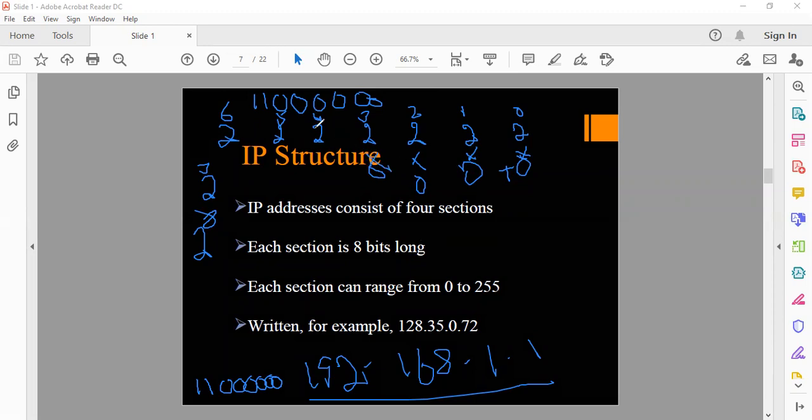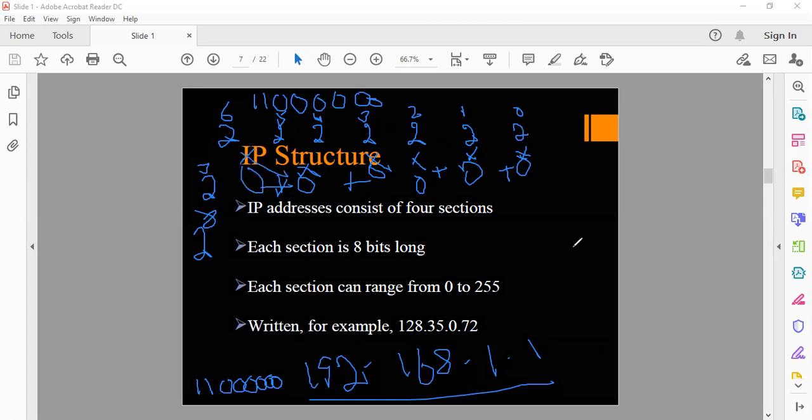Then we add all these values together, then the fifth one and the sixth one with 0.